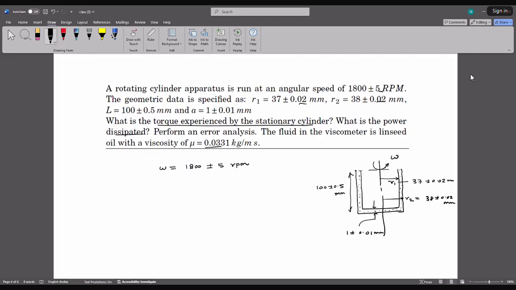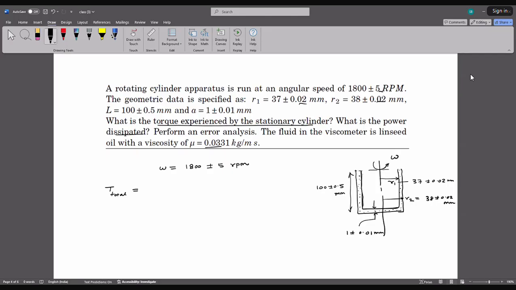So how do we approach? First, we need to know the torque from the formula. We derived in the class that for the total torque, there will be some contribution coming from the side face and some contribution coming from the bottom face.